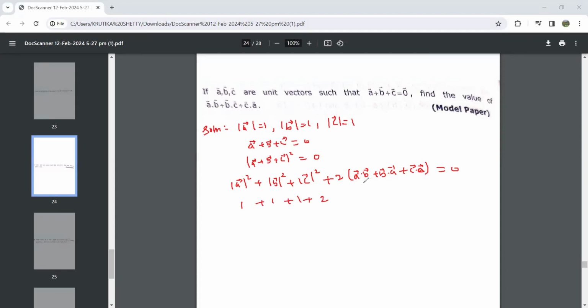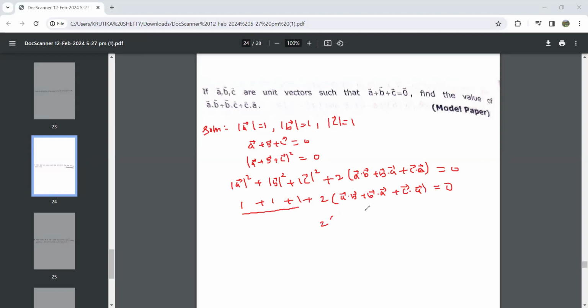A dot B, B dot C, and C dot A we need to calculate, so we'll keep it as it is. A dot B, B dot C, and C dot A is equal to 0. The sum of these ones will be equal to 3.